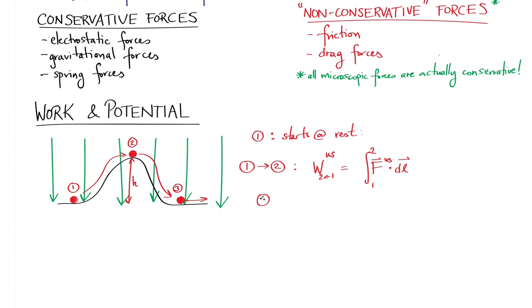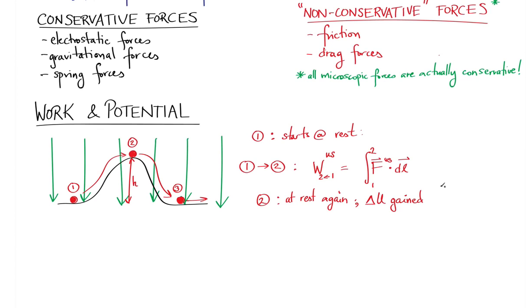So at position 2, the object is at rest again. But now it's acquired some potential energy, delta U. That gain in potential energy came from the work that we did in pushing this thing up the hill.